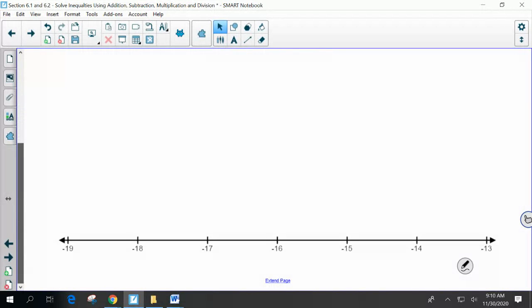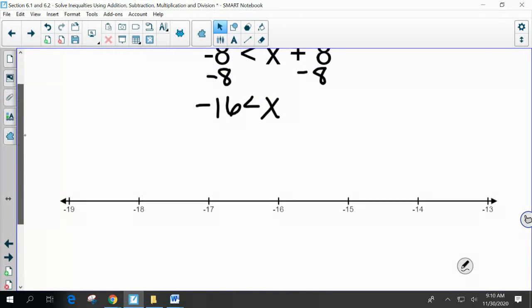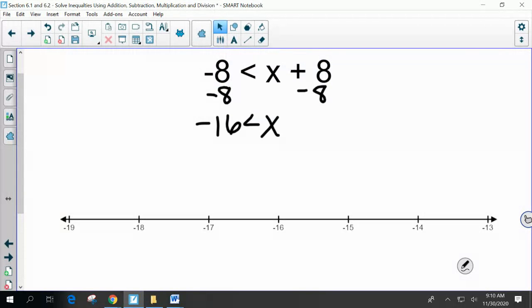Okay, so notice this one's written a little different because we've been having the x written on the left, not on the right. So you can do one of two things. You can write this backwards or you can read this backwards. If I read this backwards, I'm going to read from x over, so I'm going to read right to left. So I have to read it as x is greater than negative 16. And the reason I have to do that is because I would put my arrow in the wrong direction if I didn't.